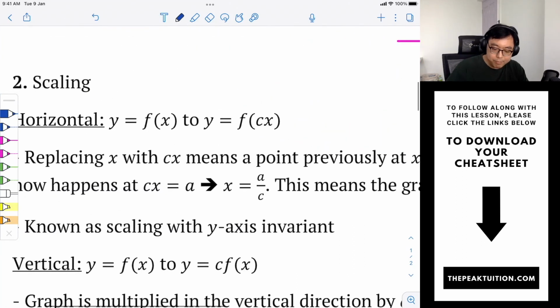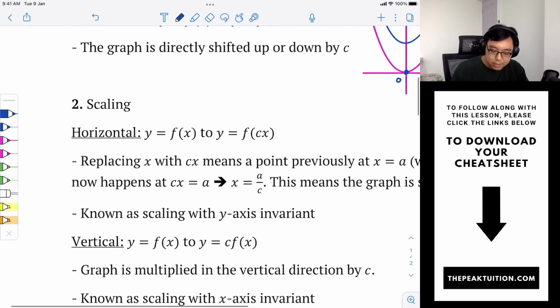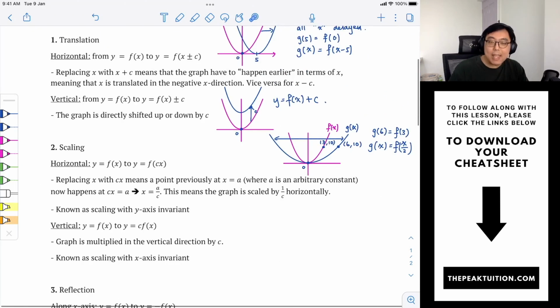We see that when we replace x with cx, it means that a point previously at x equals a, so in this example x equals 3, now happens at cx equals a, where c is the unknown scaling constant.